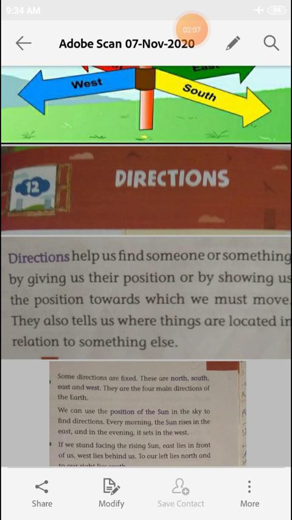So, direction is the place or the position where something or someone is located, the path along which an object is moving, the position toward which an object faces.